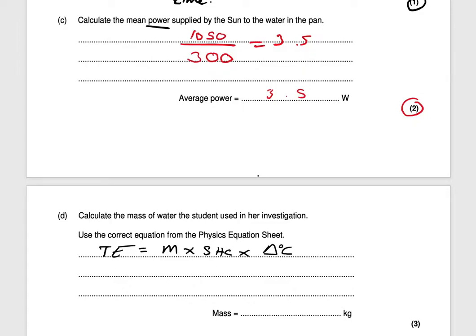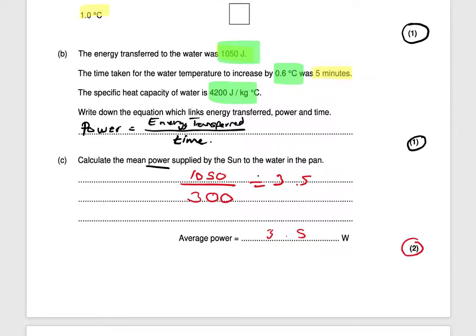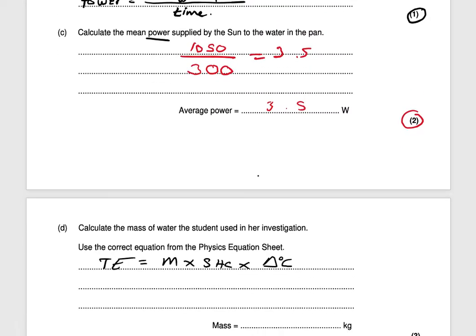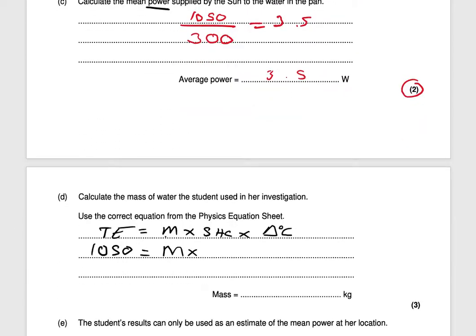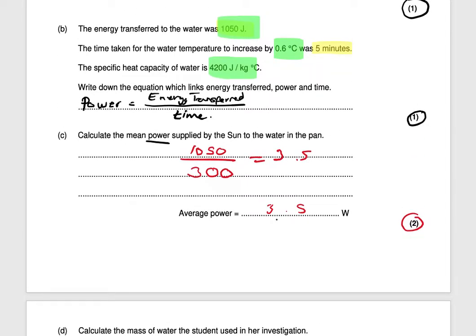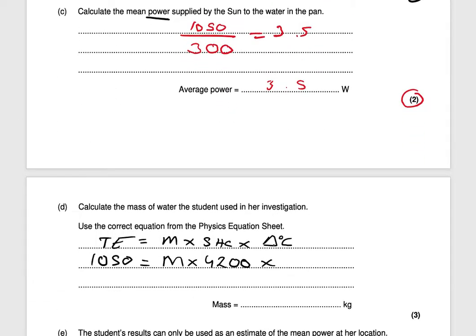We know that the energy supplied is 1050 joules. We need to work out the mass. We know that the specific heat capacity is 4200 joules, and we know that the change in temperature is 0.6 degrees.